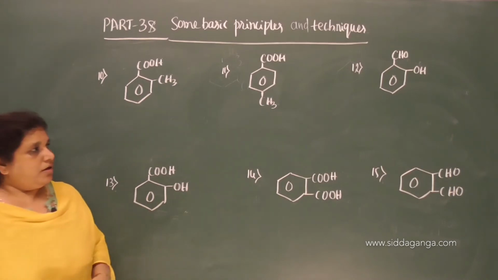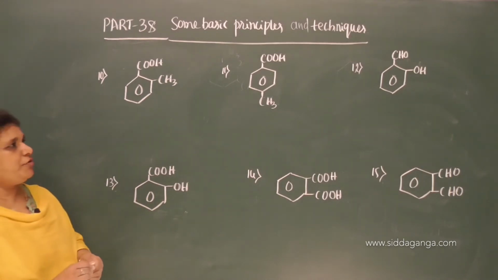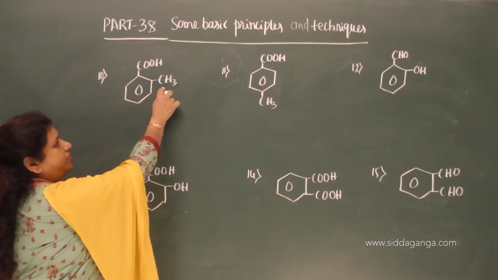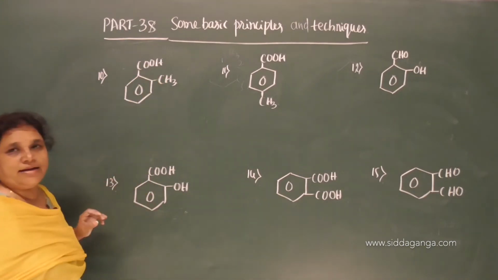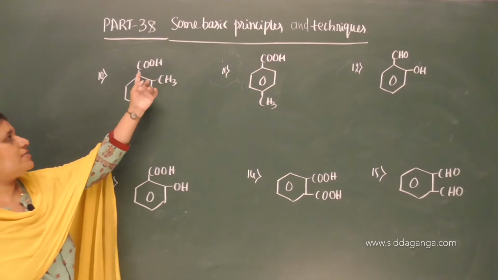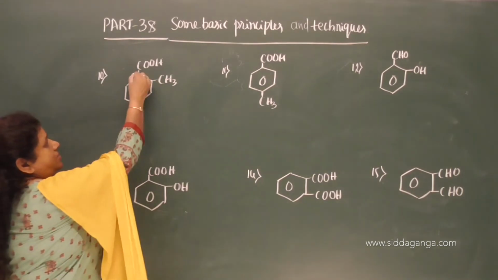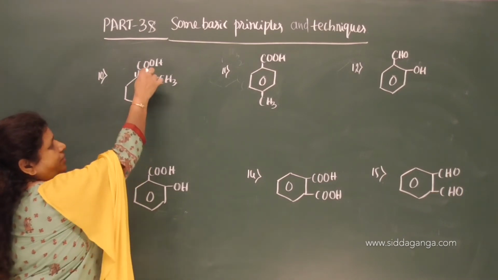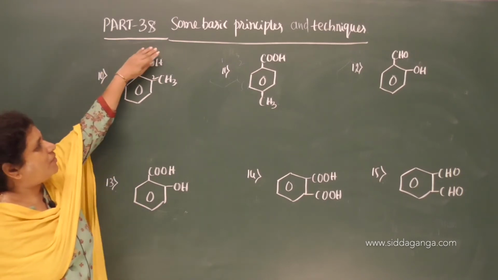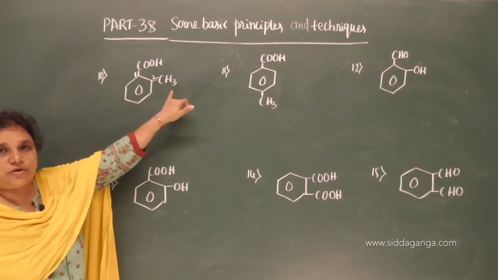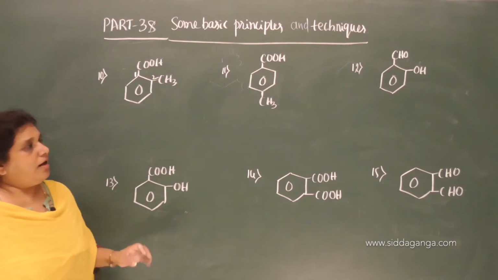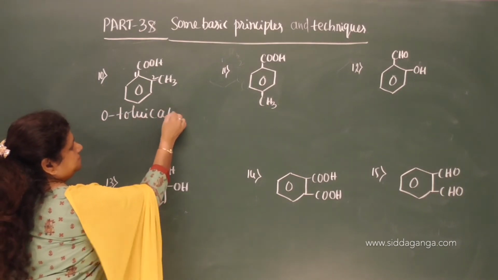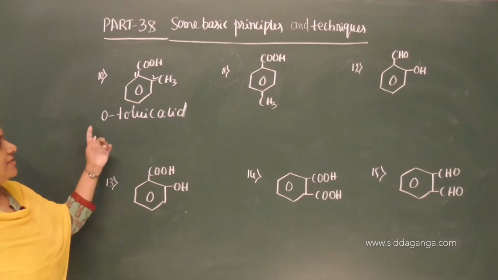Now give the names for this. I have given two different groups here. One is a functional group, another one is a methyl group substituent. This is a carbon containing terminal functional group. We should not consider the carbon atom in the root word here. So this is position 1 and 2. Since they are on adjacent carbon atoms, if in this compound COOH is not there, then the compound is toluene. The special name for this is toluene, and hence it is called o-toluic acid. o-toluic acid is the special name.